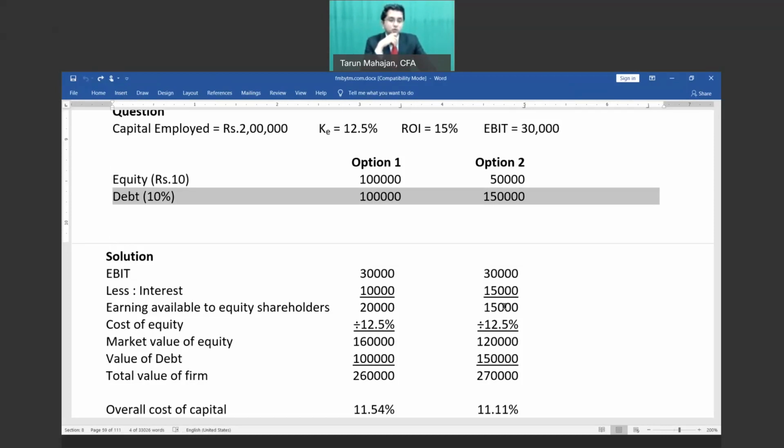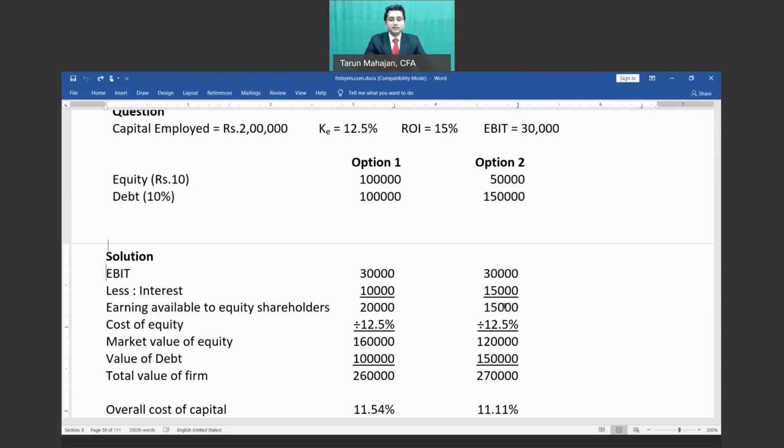Or let me ask it this way, is EBIT dependent on capital structure? Exactly. EBIT means sales minus variable cost minus operating fixed cost. So EBIT is not dependent on capital structure, and that's why EBIT is same.